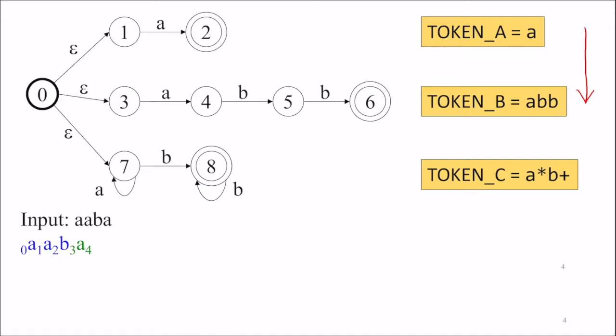So let's say the input is AABA, and now we want to produce as output not just a matching for one match. It's not like, is this string accepted by any one of these tokens, because what we want to do is match as far as we can and then start matching again, because in a program there's not just going to be one token.